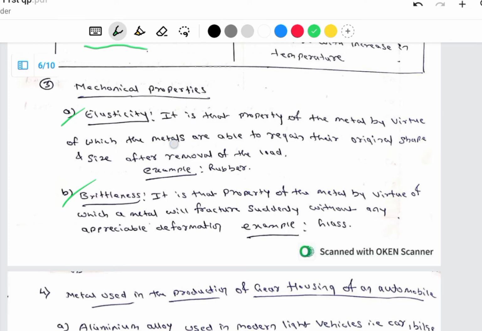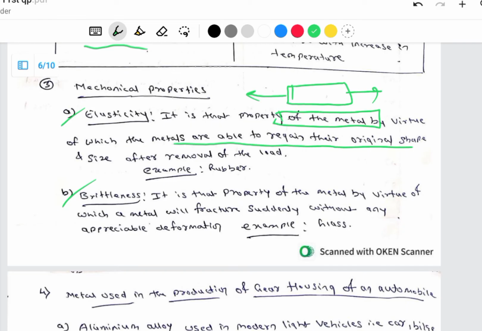Elasticity is the property of a material by virtue of which metals are able to regain their original shape. Let me explain. If you have a bar and you pull it from both ends, it will change its size. When you remove the forces, it has to come back to the original position.